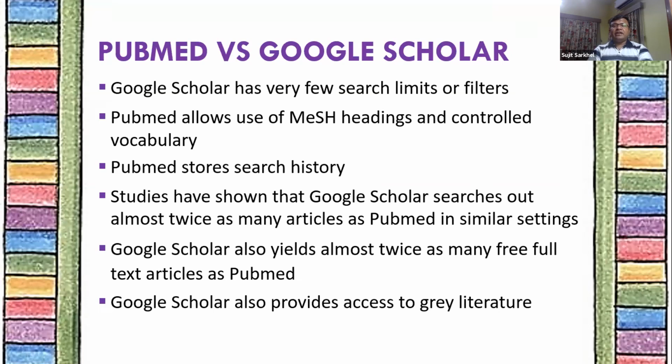It may not be so refined, although it is improving day by day, but it gives you more articles, although the scholarly nature of the articles is a little more stringent in terms of indexing in PubMed. And this is very important when you go for writing review articles: gray literature, as I was saying, unpublished thesis, dissertation. Google Scholar also provides access to gray literature. This is important.